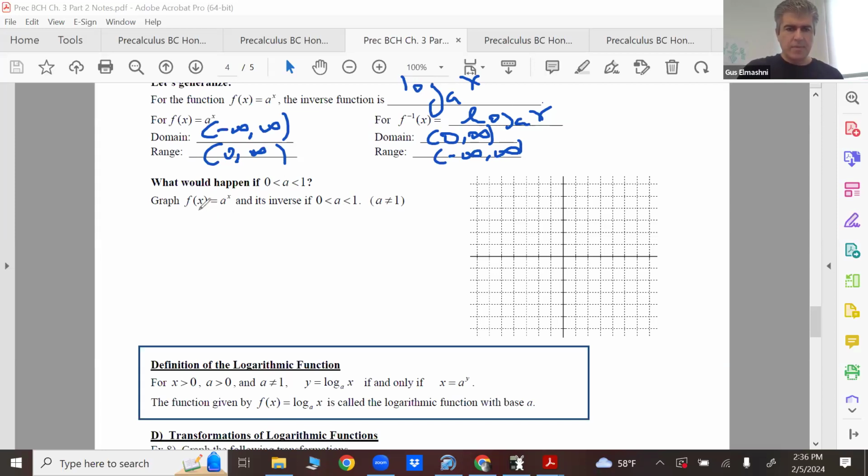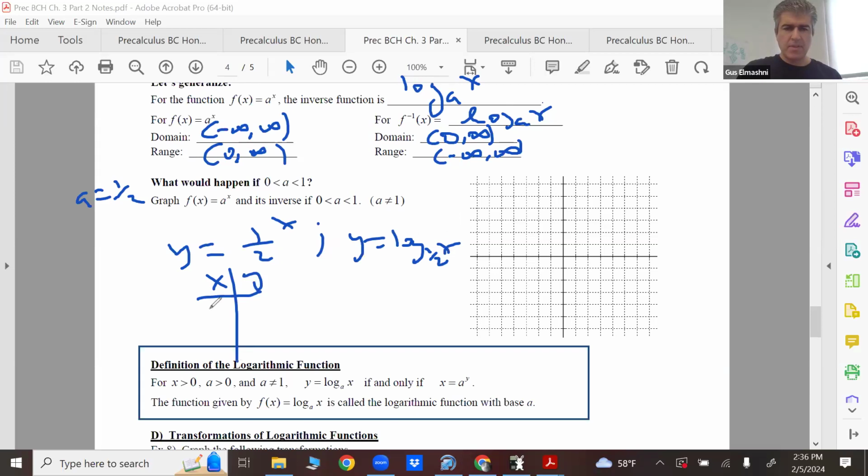And what happens if a is between 0 and 1? Well, nothing really. Say, for example, you have a equals 1/2. Then the inverse is going to be y equals log base 1/2 of x. So if you make a table for this, 0, 1, 1, 1/2, -1 and 2.